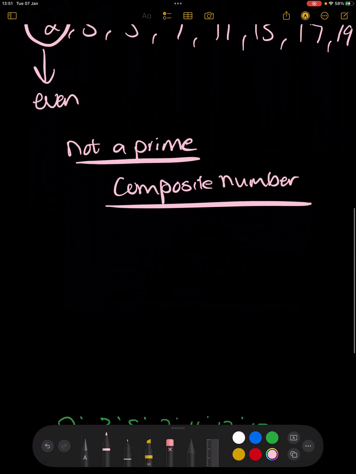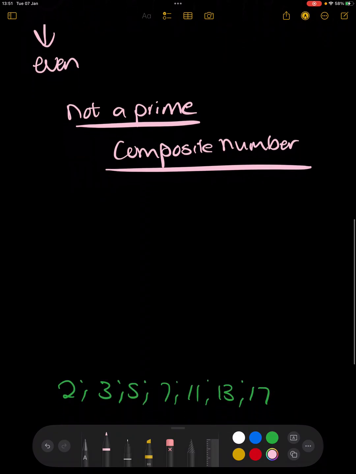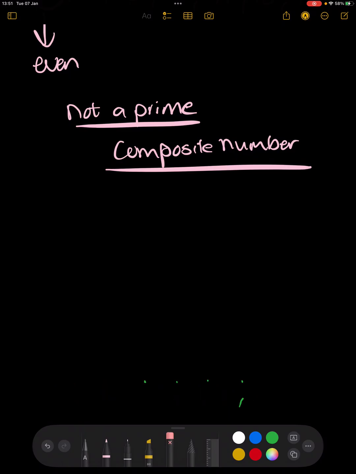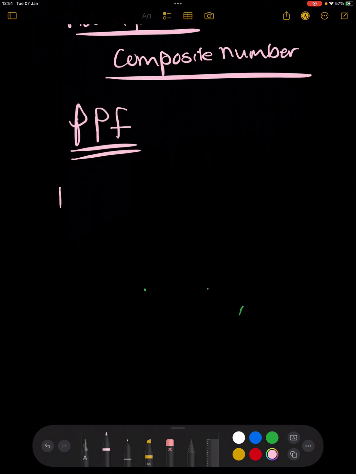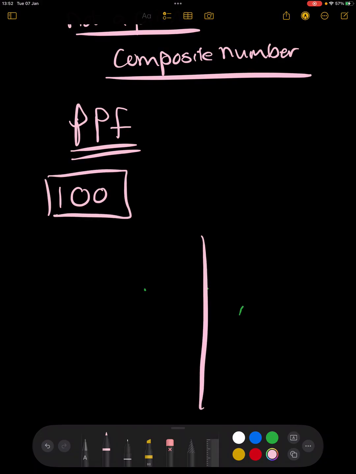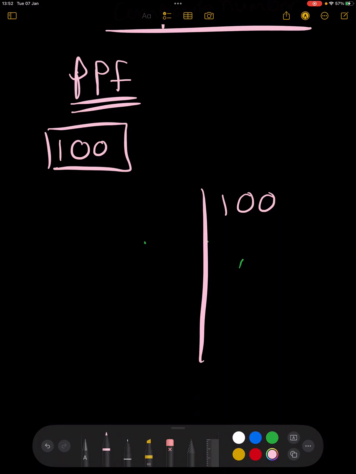Right, so let's say I want you to go find the product of prime factors for the following numbers. Let's start off with 100. What we do with this is we always draw it as a little tree, or rather as a little table. Then we have to choose the prime numbers that go into 100.